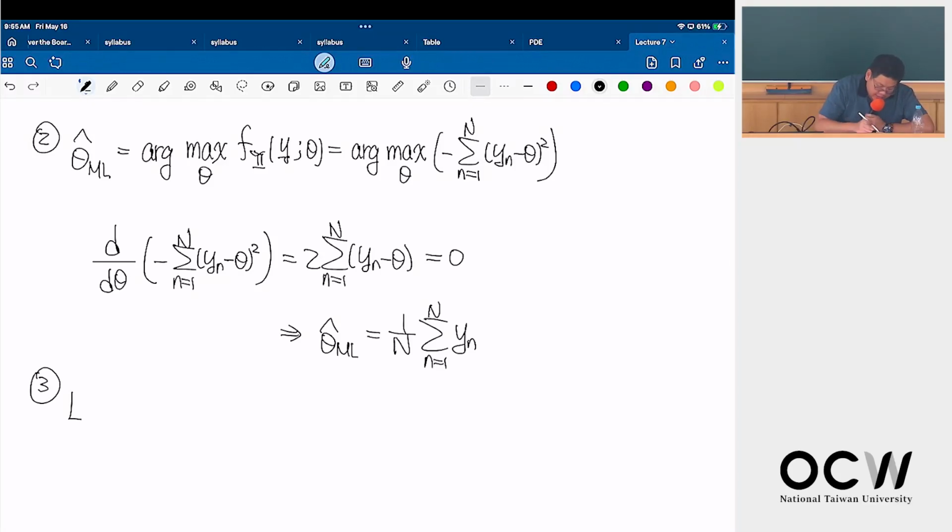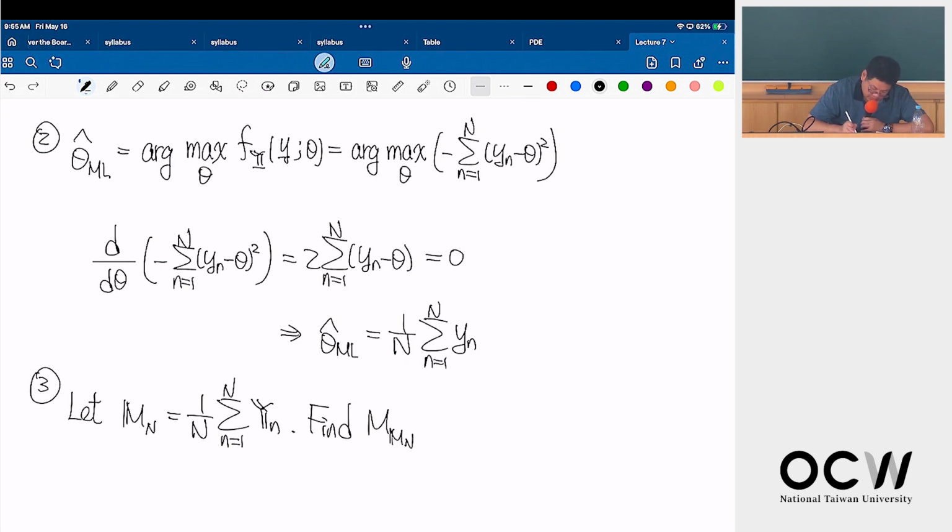Now suppose we have another random variable called m, that is the average of your random variable y. Then I want to find the moment generating function of this random variable m.